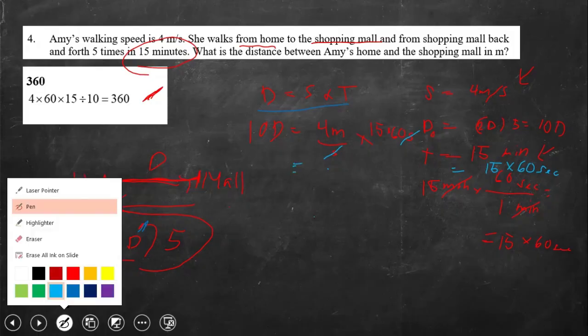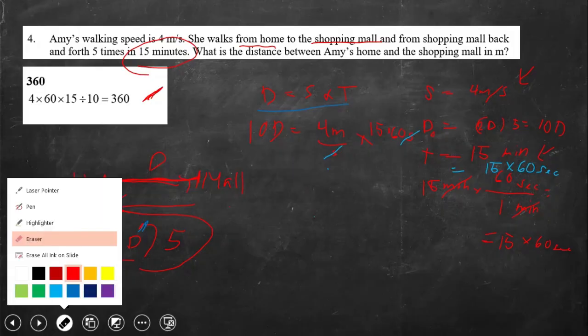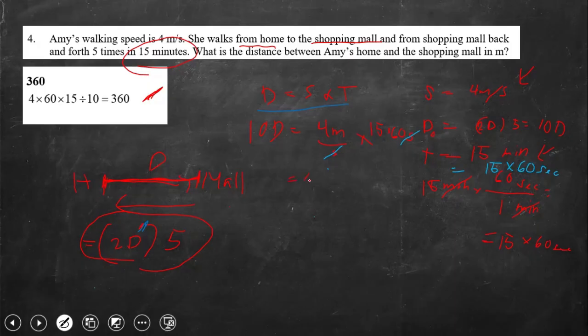So it's just going to be 4 times 15 times 60, and then we have 10D here. Just divide both sides by 10. Cancel, and then cancel here: 4 times 15 times 6.